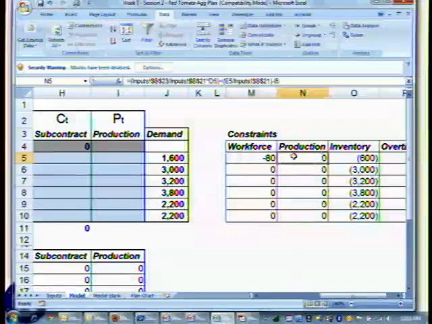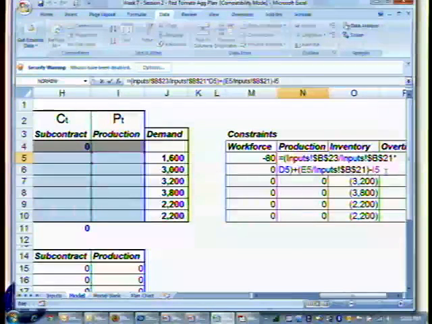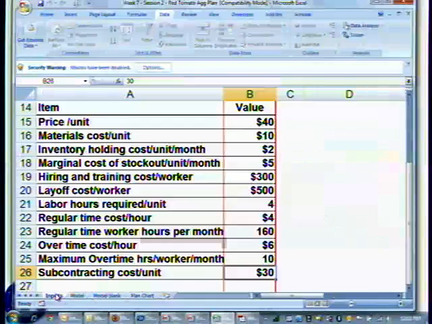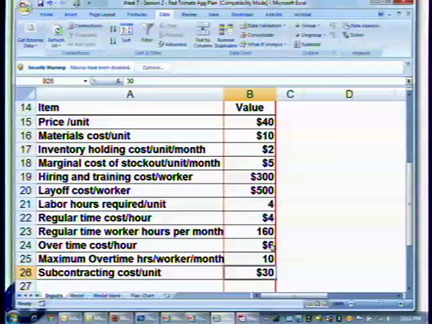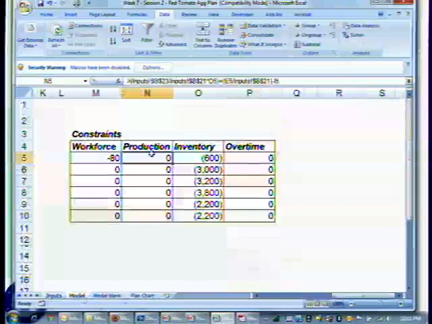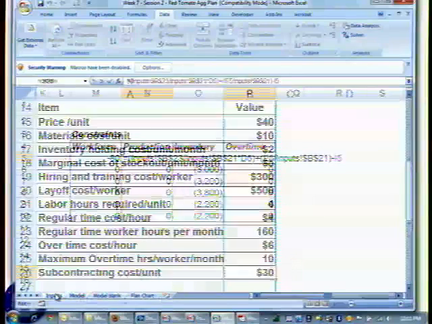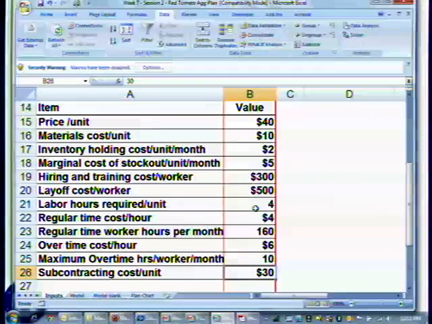Now, the production example that I just went through, kind of a long equation here. We take the inputs B23, which is the regular time worker hours per month. We divide by the inputs B21, which is the labor hours required per month.